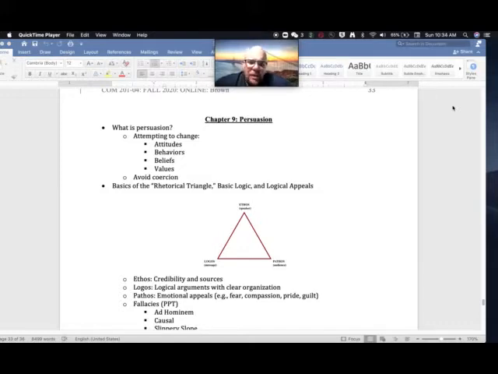The last element here of the rhetorical triangle is pathos or emotional appeals. Now, with pathos, you're really targeting the audience in a non logical, non credible way. You really just want them to feel something. Now, it's true, I think, that right now in our country, pathos is sort of the way that people are best persuaded right now. It's not a good thing.